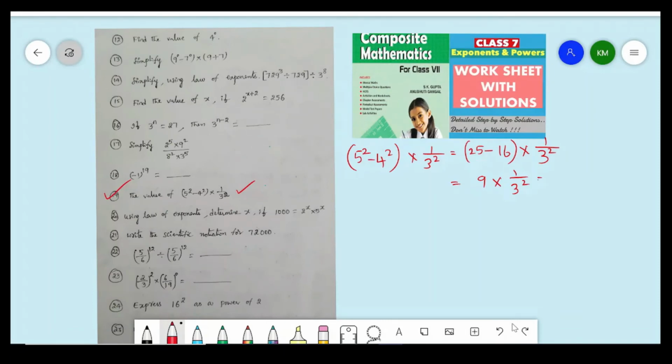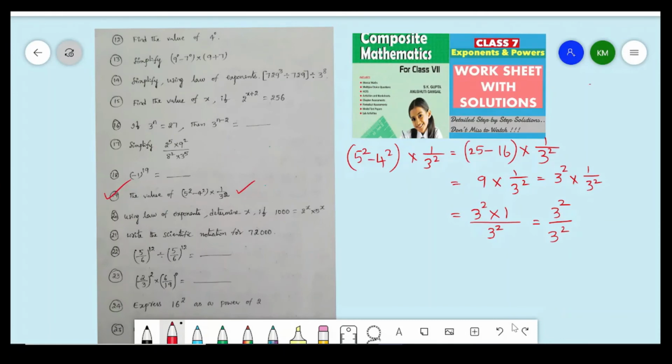So 9 can be written as 3 square, multiplied by 1 by 3 square. Either you can cancel this 3 square with that 3 square, otherwise, using the exponents notation, this is 3 raised to the power 2 multiplied by 1 divided by 3 square, that again equals 3 to the power 2 divided by 3 power 2.